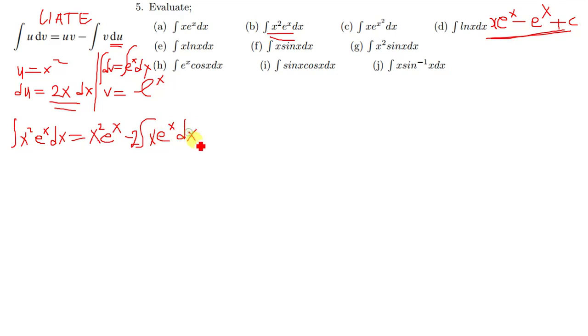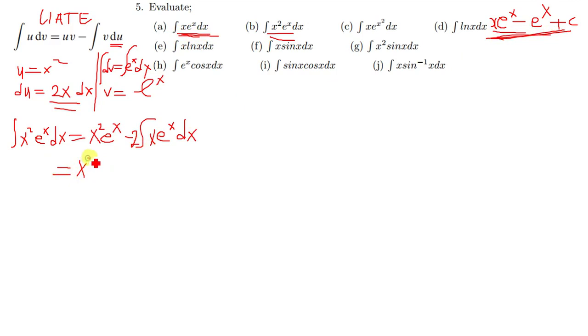So you can see that the integral of x times e to the power x is just what we found here. So this is the reason why I said we keep this. Where there is this part, I'm just going to replace with that.